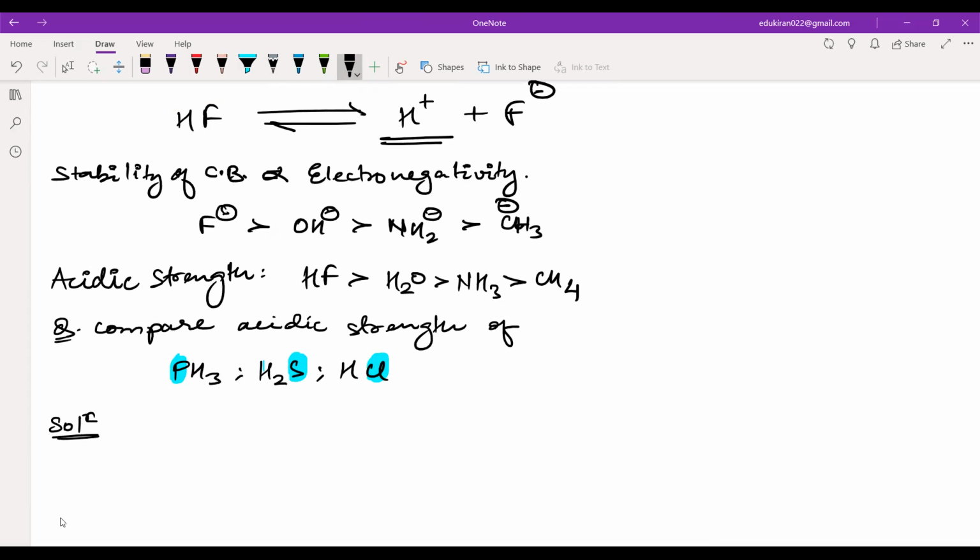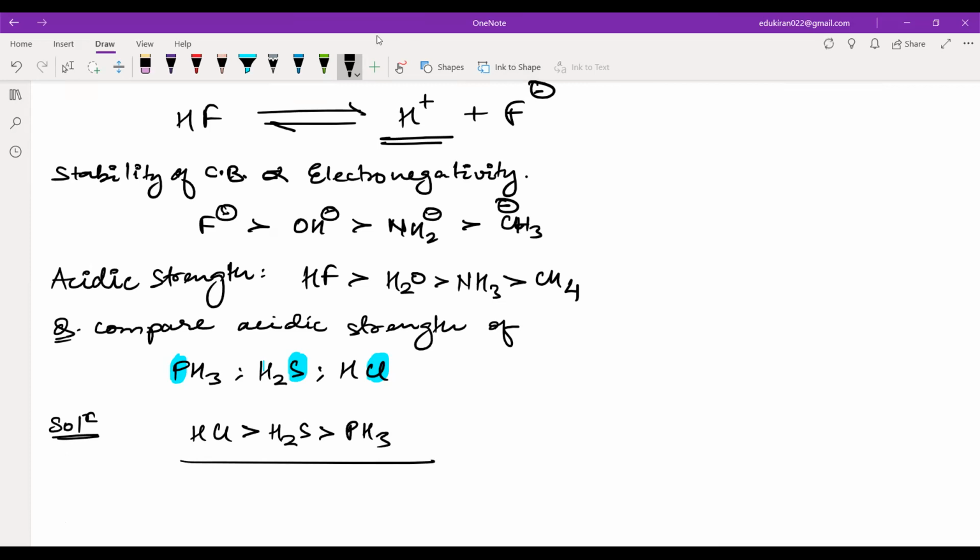Third period, right? And which of these has the highest electronegativity? Chlorine. So HCl will be highest, followed by H2S, followed by PH3. Okay, simple. Can I move on?